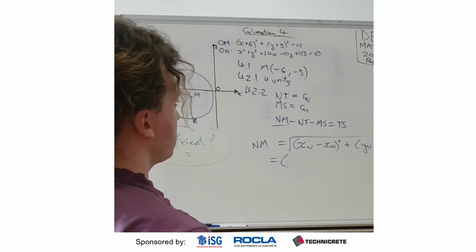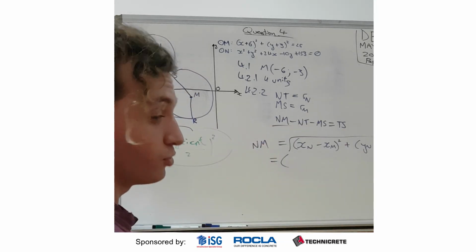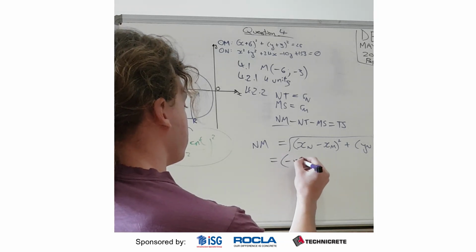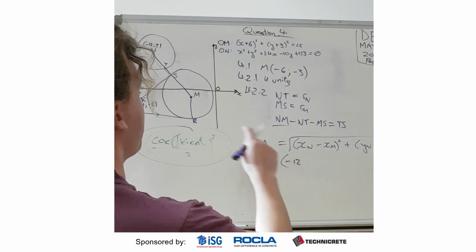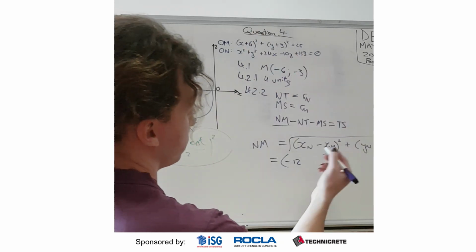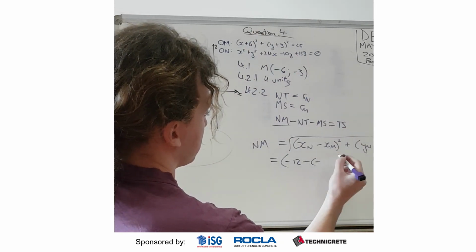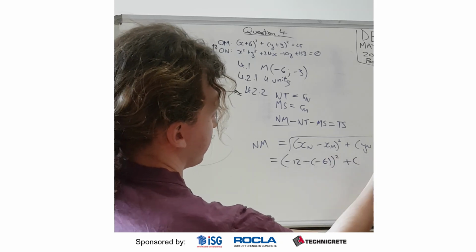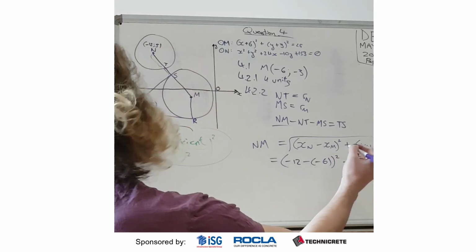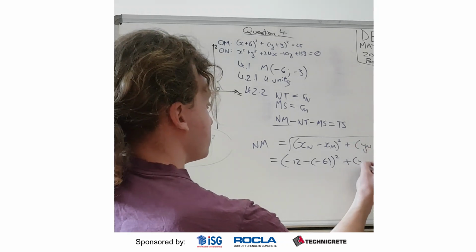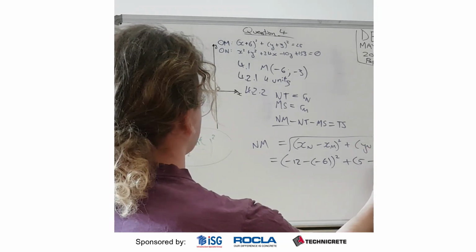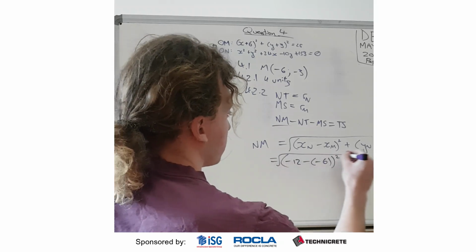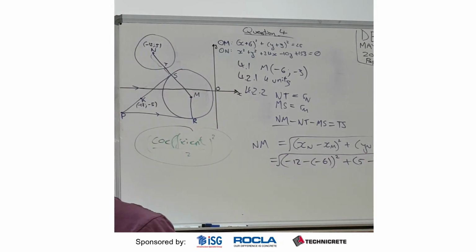So the x of N, well, we worked out the standard formula of N in the last question, so we know it's negative 12. The x of M, it was given to us, or we worked it out fairly easily. It's minus 6. The y of N, again we worked it out very recently, it's 5. And this should be minus 3 squared. Put that all under the square root.